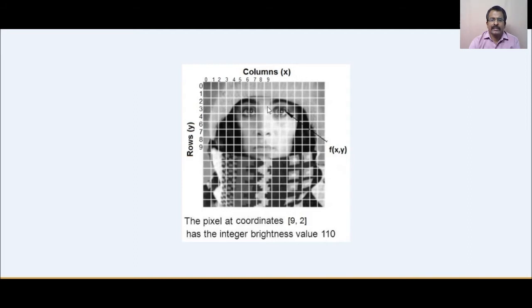So exactly this pixel has a light intensity of 110. This 110 is the 8-bit integer representation, the gray level value of that particular pixel. In an image, each and every pixel can be valued with the help of the function f of x comma y. There are two independent variables, so it is a 2D signal.